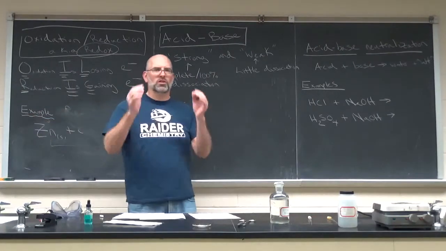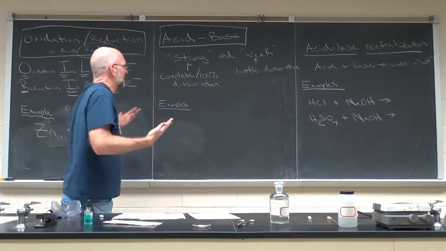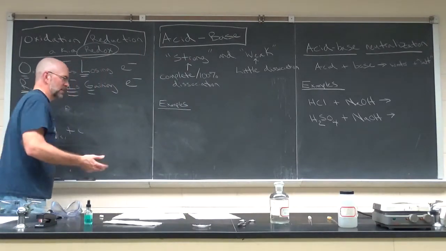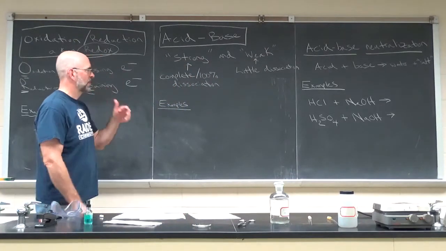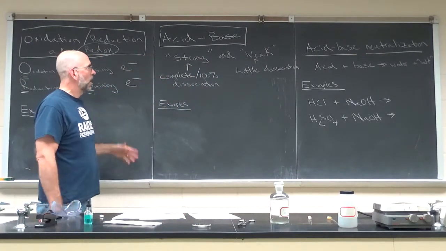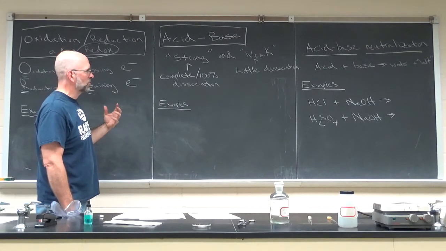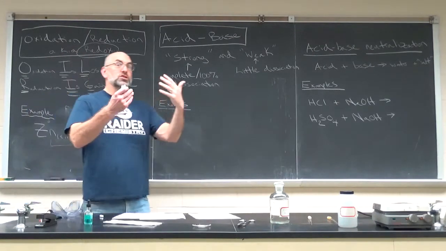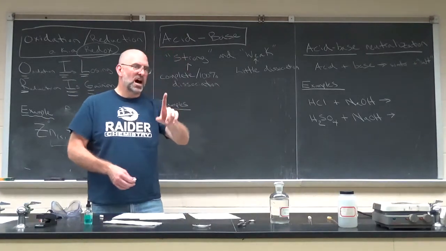So we use these words weak and strong in reference to pH, but what does that actually mean chemically? Just saying it's equal to a number is one thing, but here's what it means. Strong and weak refer to how much they dissociate when you put them into water. Concentration or molarity does not mean strength.